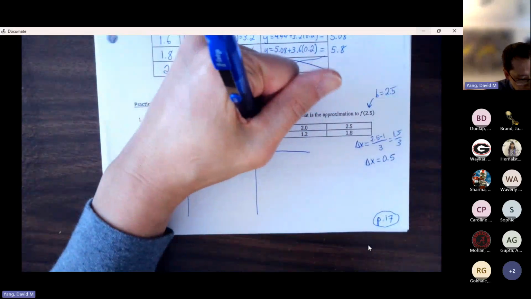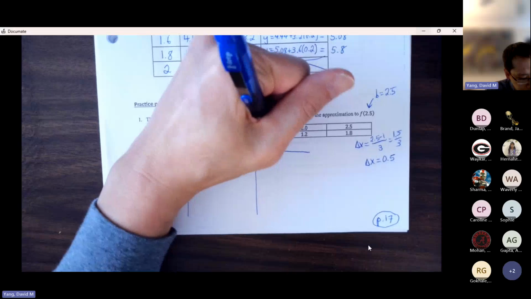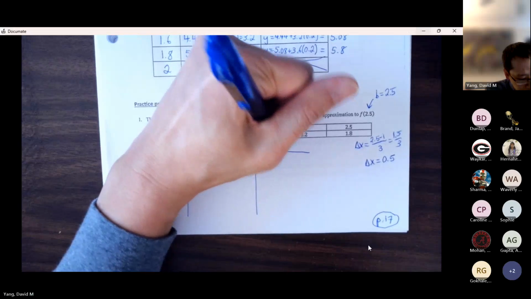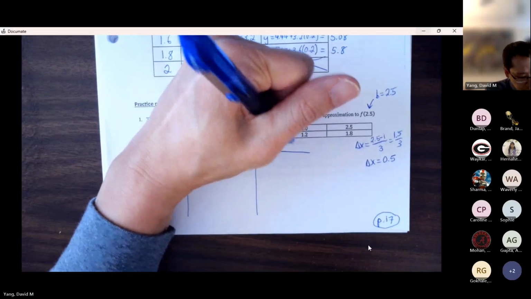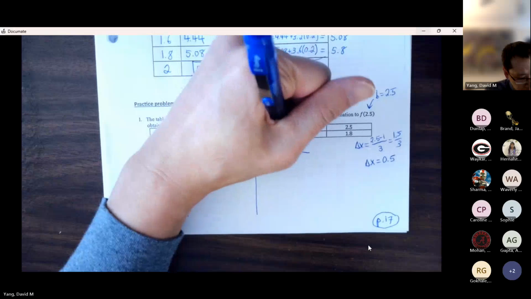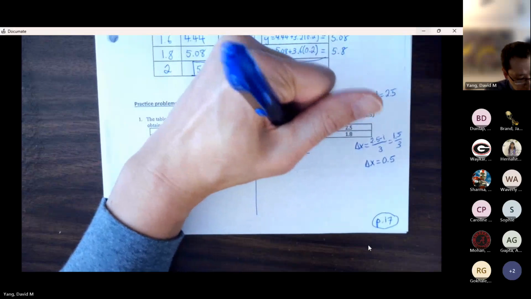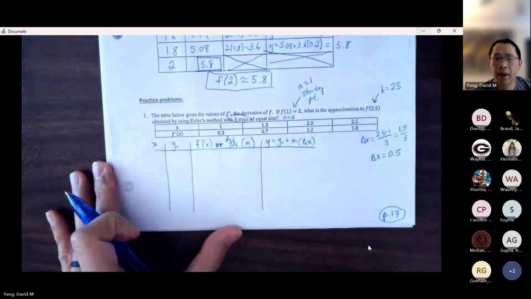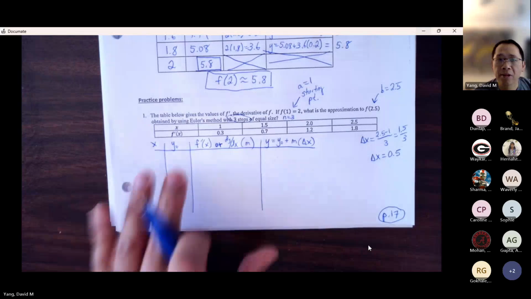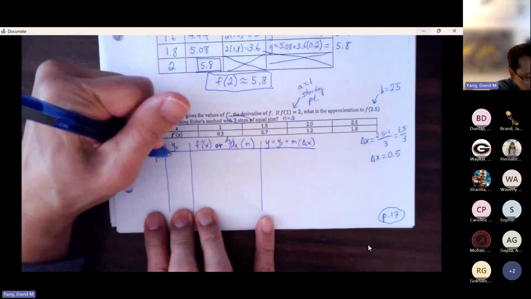And then this is how I'm going to get my new y value. Okay, so we start with ordered pair 1, 2.